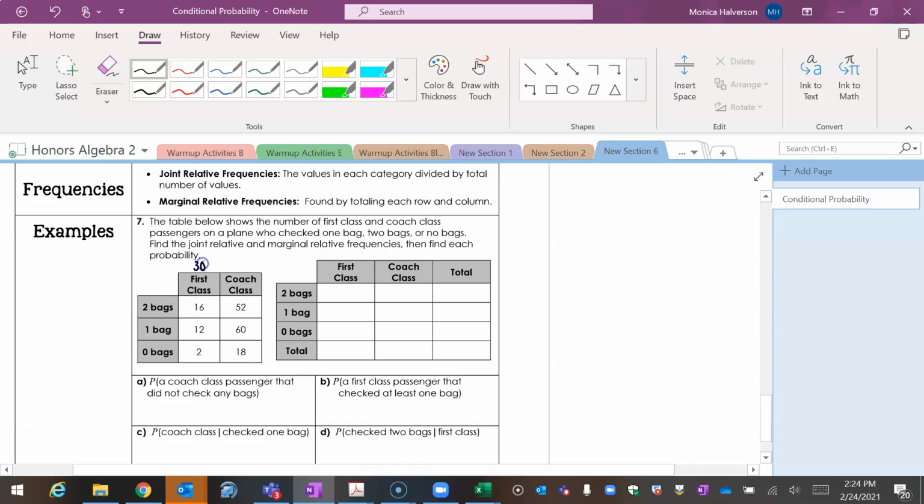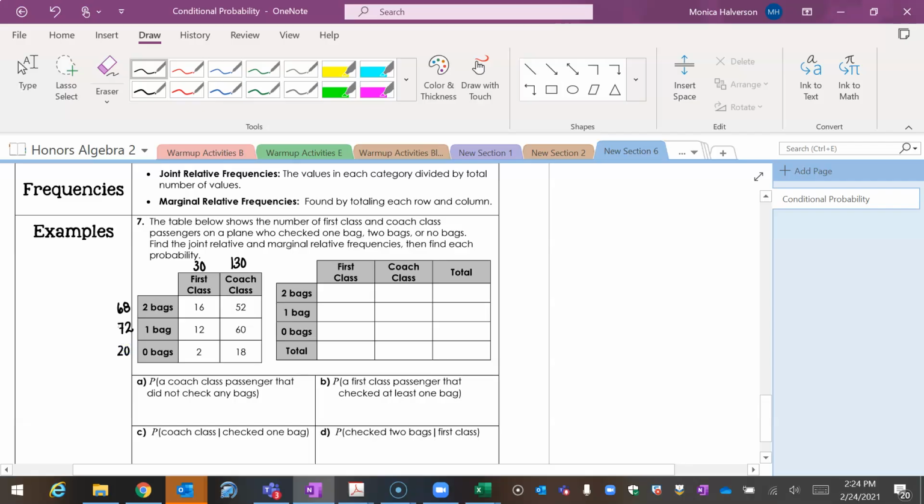There was a total of 30 first class passengers and 130 coach passengers. There was a total of 68 people who checked in 2 bags, 72 people who checked in 1 bag, and 20 people who checked in 0 bags.